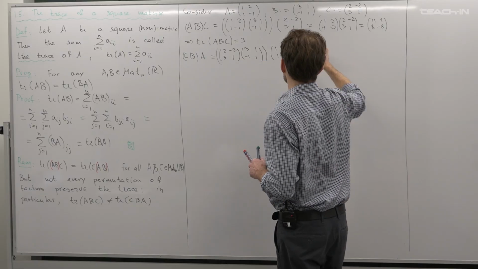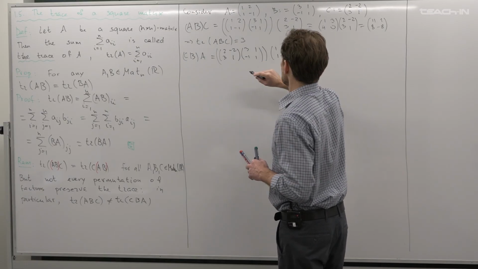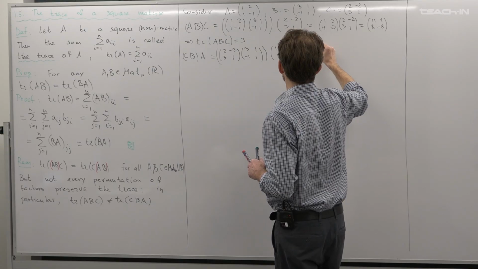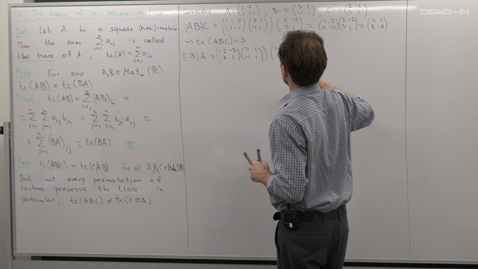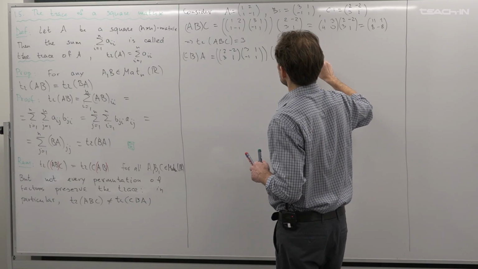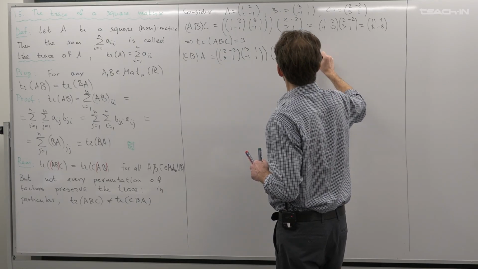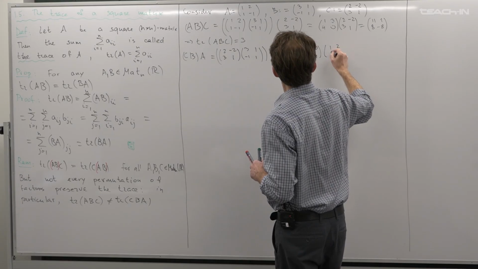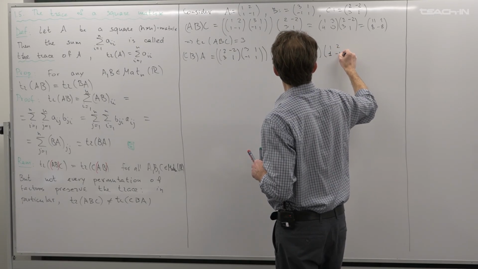So 6 plus 2 makes 8, then 0 here, then 3 minus 1, also 8 here, and 3 plus 1 makes 4. So 1, 2, 1, minus 1.